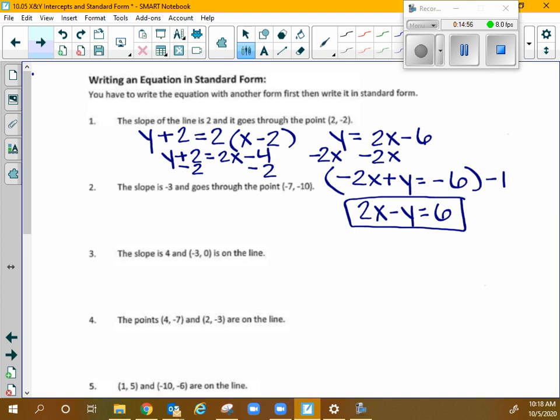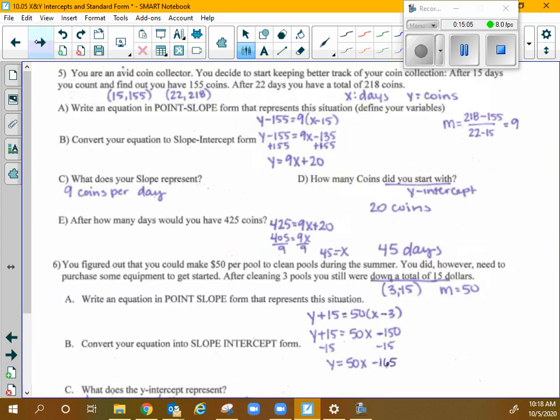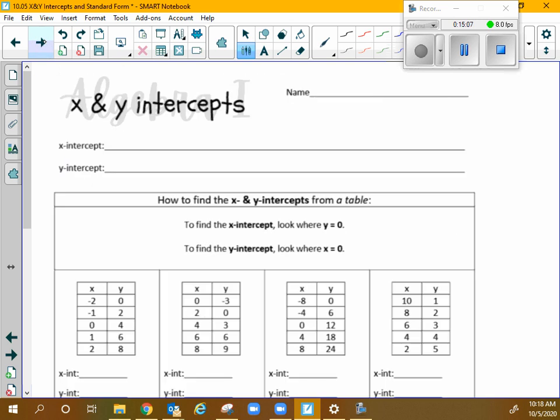Okay. Beginning of your packet. Standard form is good for something, and it's really easy in standard form to find intercepts. How would I describe an x-intercept?